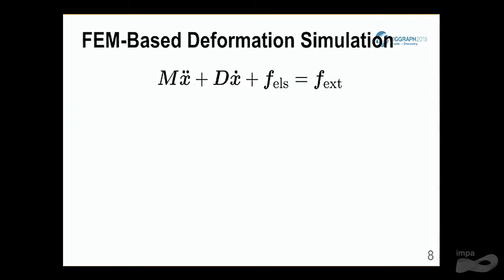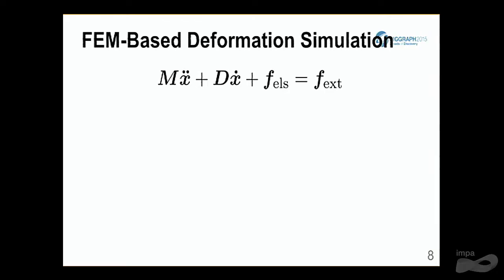So once a finite element method has been applied, you are left with something that looks like this. X are the positions of these nodes of the mesh that I showed you before.